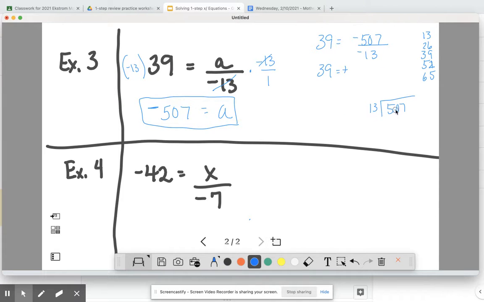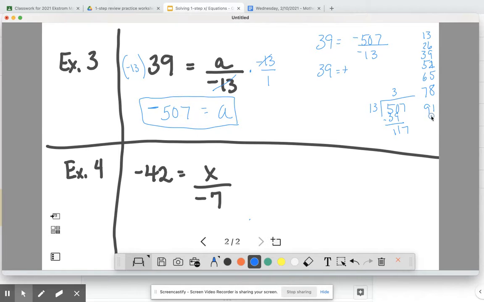All right, 13 goes into 50 three times because that is 39. It's going to give me 11. Bring that 7 down. Oh, okay, so 13 goes into 117. Let's keep adding here. Add another 13, that would be 78. Add another 13, that's going to give me 91.